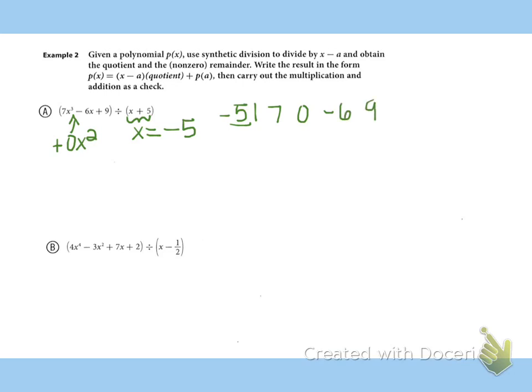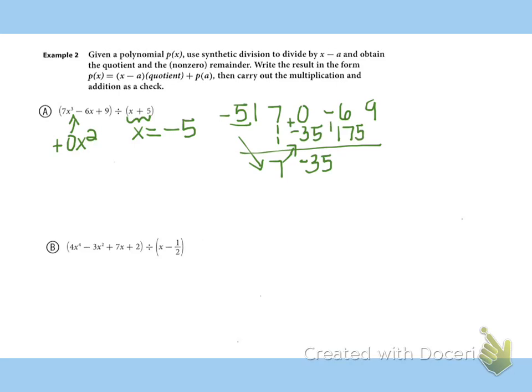We go through that synthetic process where we bring the first term down, which is 7. We're going to multiply and add. So we multiply the negative 5 and the 7, and that's negative 35. Now we add that to the 0 in the next column, which makes negative 35. Then negative 35 times negative 5 is positive 175.